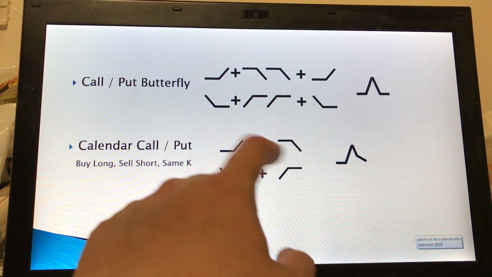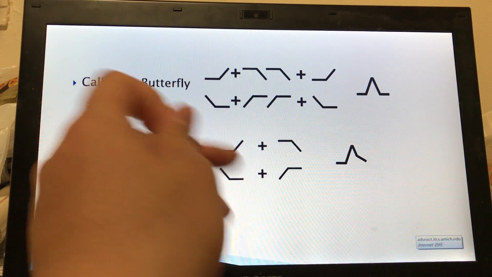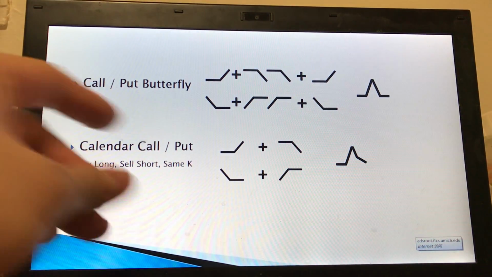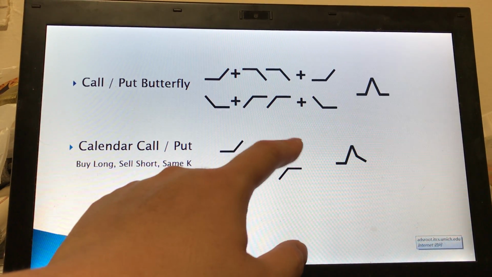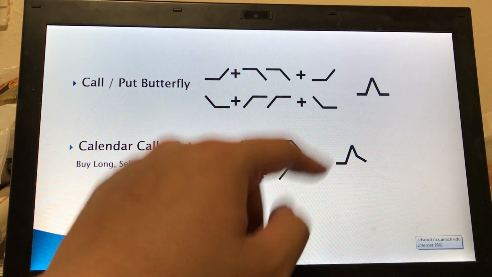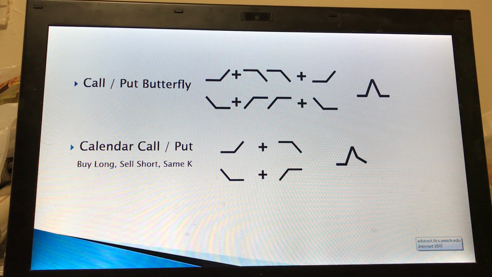If it expires exactly at this strike price, then you earn everything from this short position on the short-term call or put, since by using the at the money call or put, you're taking advantage of all its time value, since it contains the greatest amount of time value.